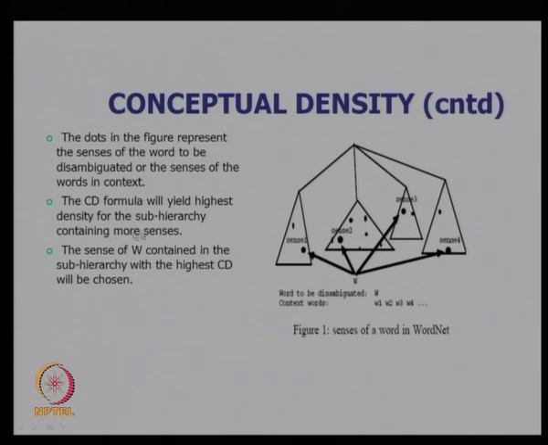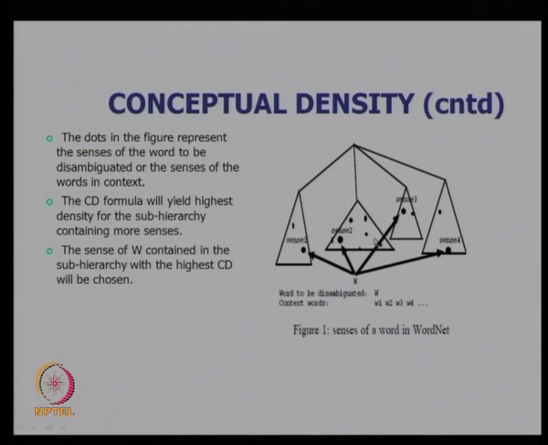Okay. Now, we build the subtrees from the WordNet hierarchy, and whichever subtree has the maximum conceptual density as per the formula given before becomes the winner sense. Okay. So, those are the senses which will be picked up from the window as the winner senses.